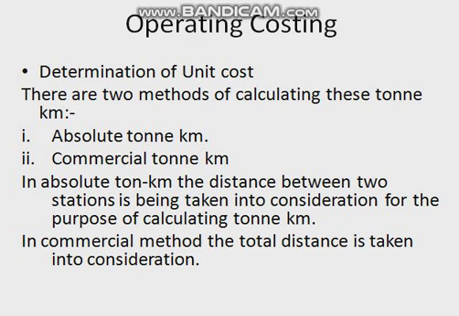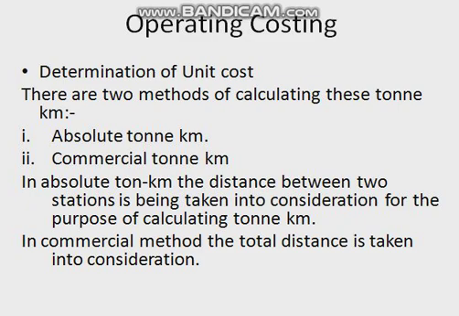So 10 plus 6 is 16, 16 plus 8 is 24. So 24 divided by 3 amounts to 8. Then we multiply the total distance with the average ton. So 150 into 8 amounts to 1200 ton kilometers. So according to commercial ton kilometers, the total cost unit is 1200 ton kilometers.